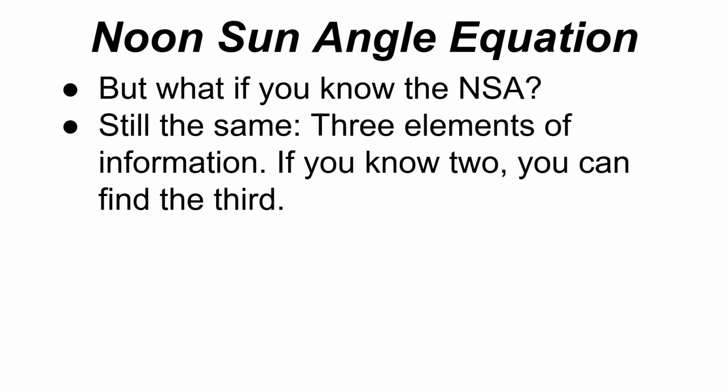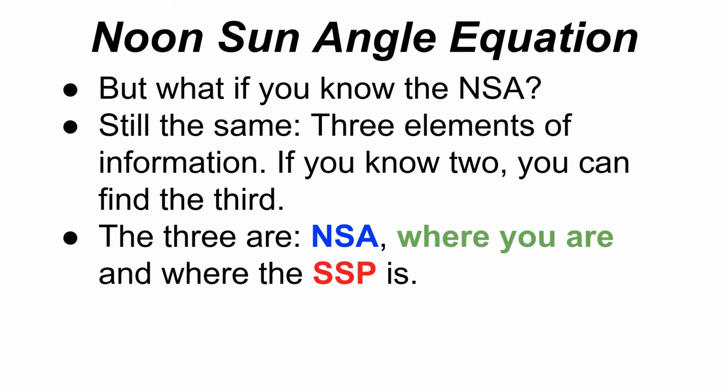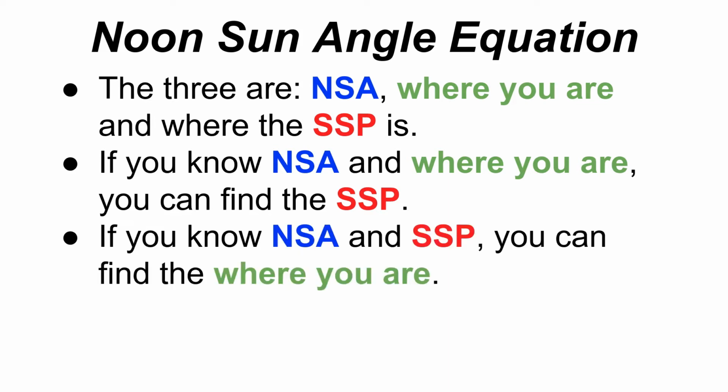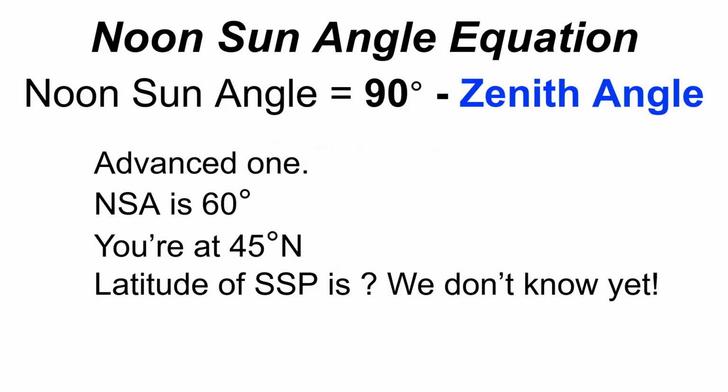How do you find out? If you know the noon-sun angle and where you are, you can find the subsolar point. If you know the noon-sun angle and the subsolar point, you can find where you are.